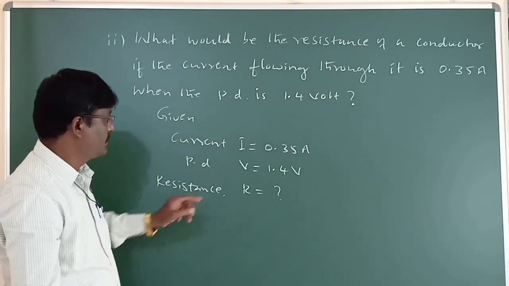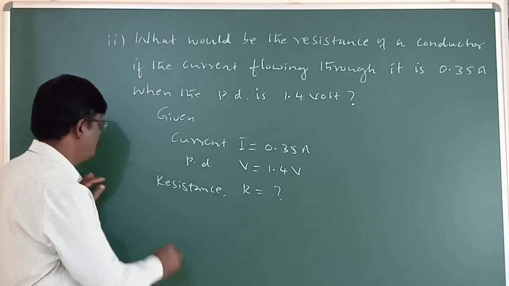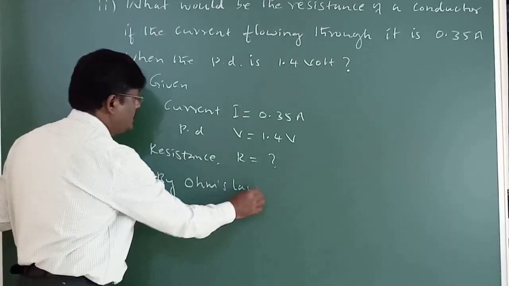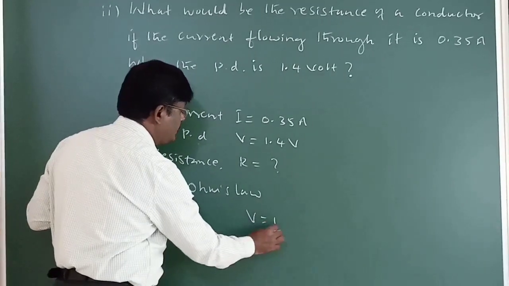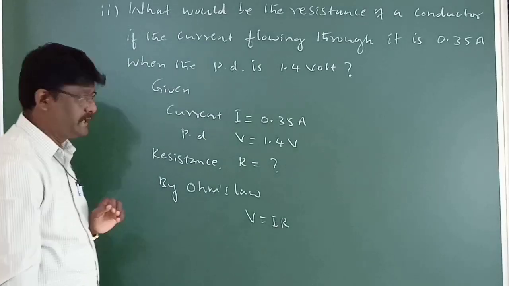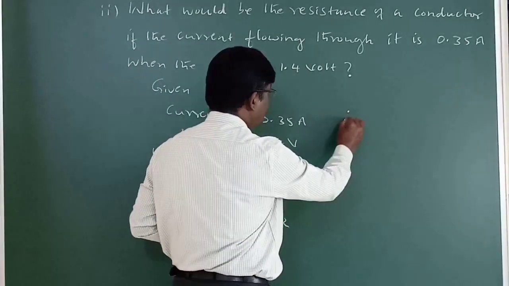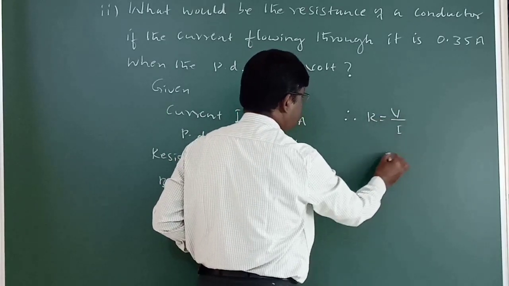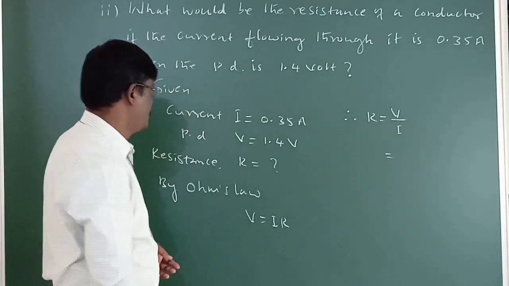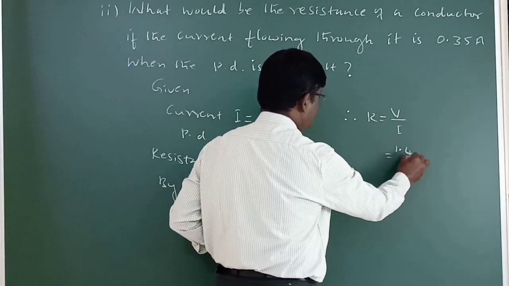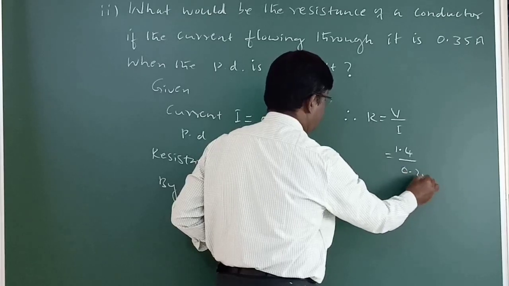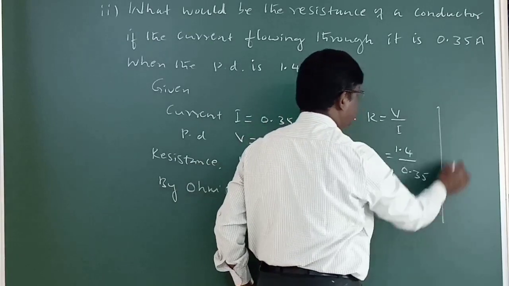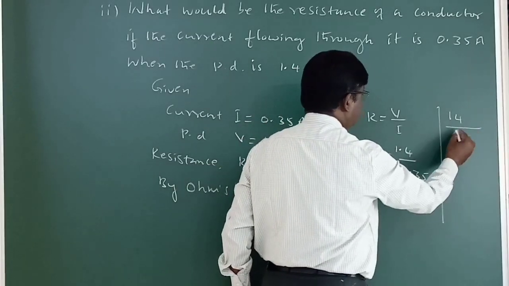The relation among I, V, R we know by Ohm's law: V equals IR. Therefore, R equals V by I. Now let us substitute: V is 1.4, I is 0.35. Come to the rough work.